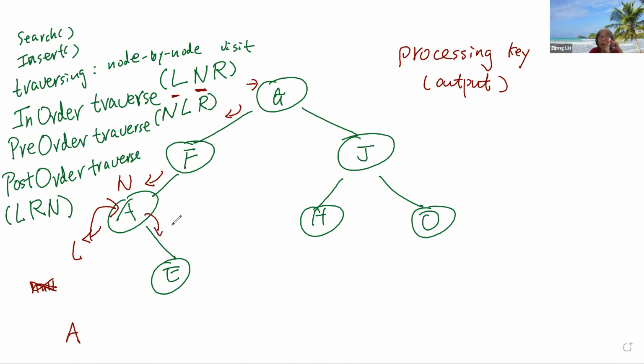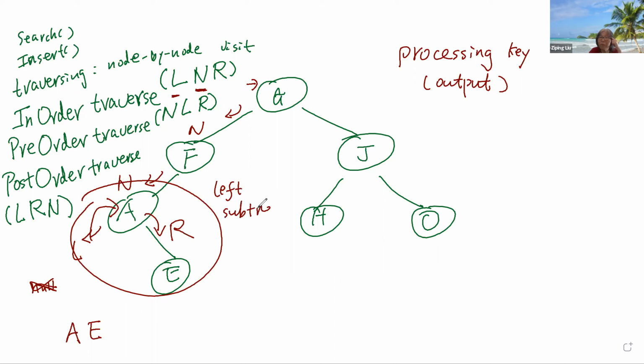Then I go to the right. The right is a leaf node. Be careful here. It is a leaf node, so I can output it. After this, I finish the left subtree of node F. Following the sequence, I'm already done with the left.